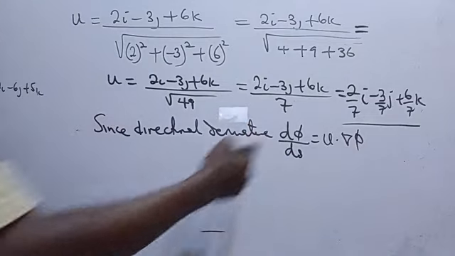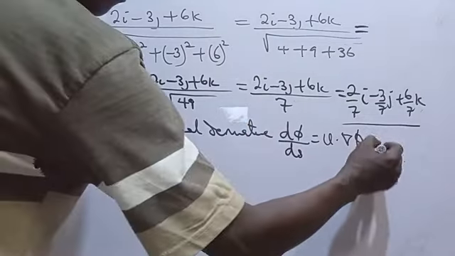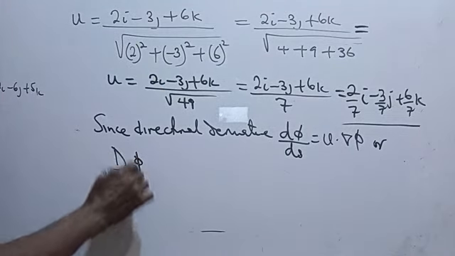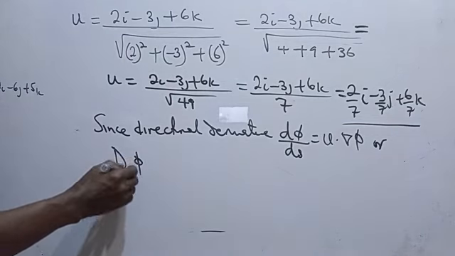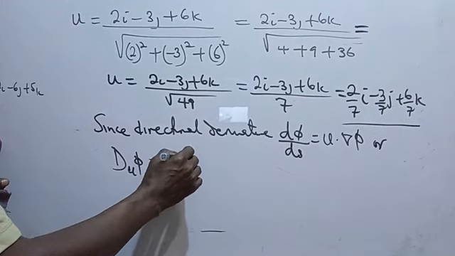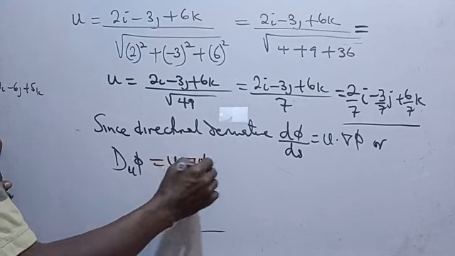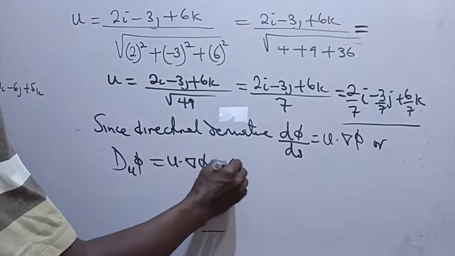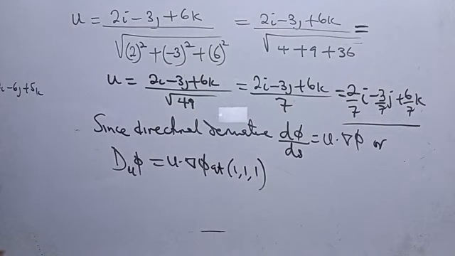Another way of writing this, the directional derivative of phi with respect to the direction u, is the same thing as writing what? U dot grad phi. Okay, and don't forget the grad phi at what point? At 1, 1, 1. Can we still remember the value of grad phi at 1, 1, 1? Yes, I think we can remember that.